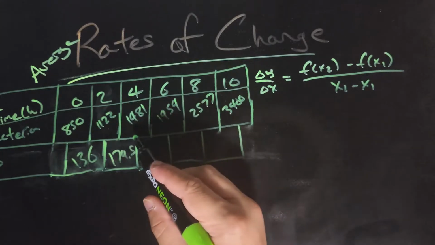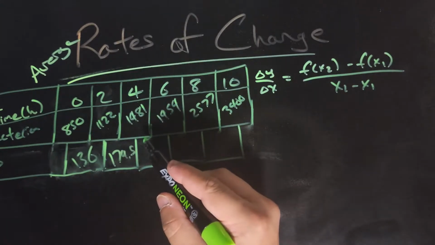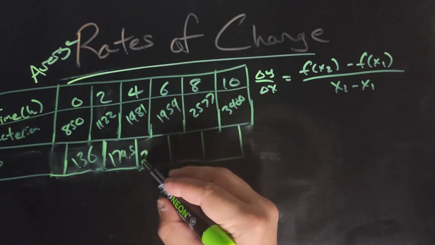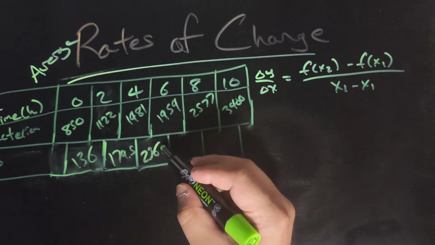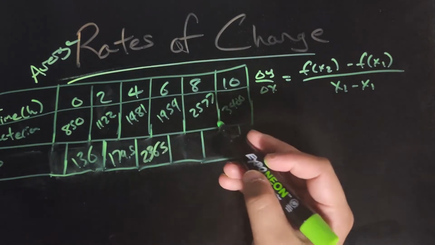1954 minus 1481 should give me 473 over 2, 236.5.